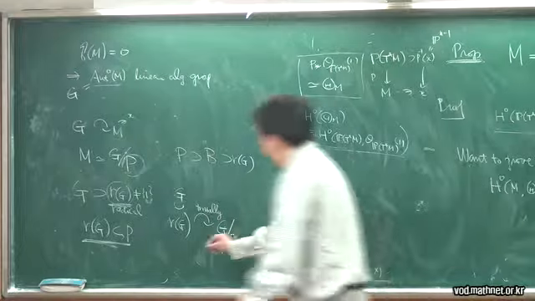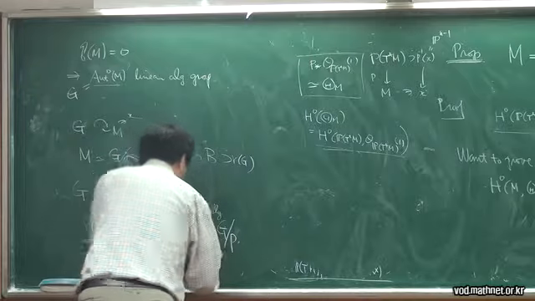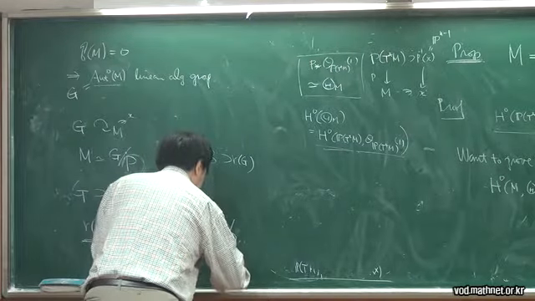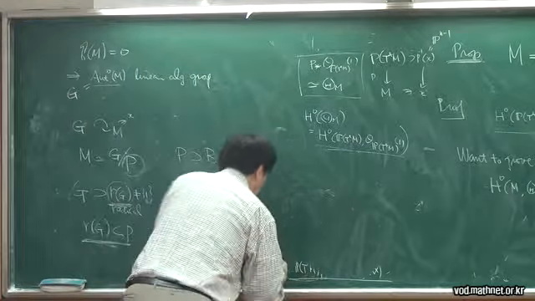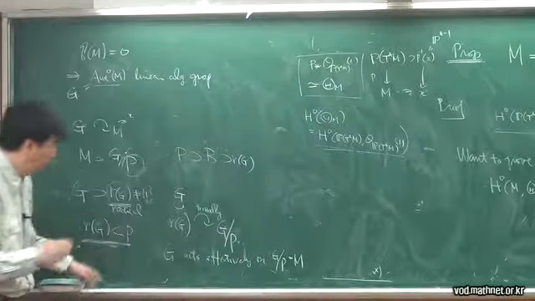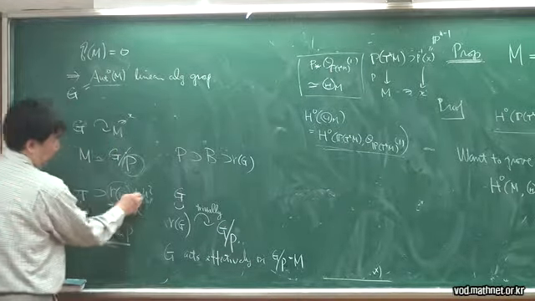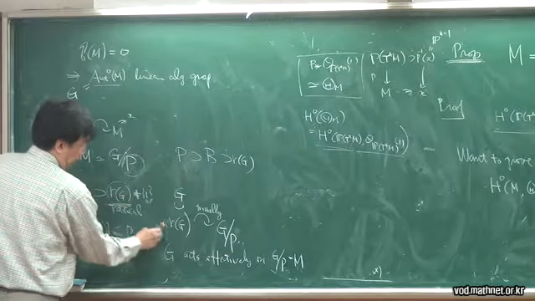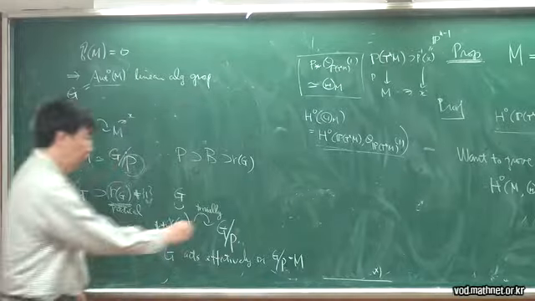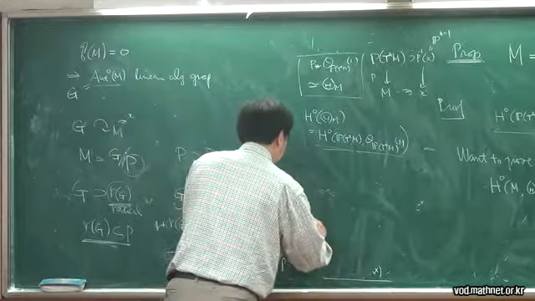So G, by definition, should act effectively on G mod P. So this contradicts, because if this is not trivial, then this means that G doesn't act effectively. So this implies that the radical RG is 1.